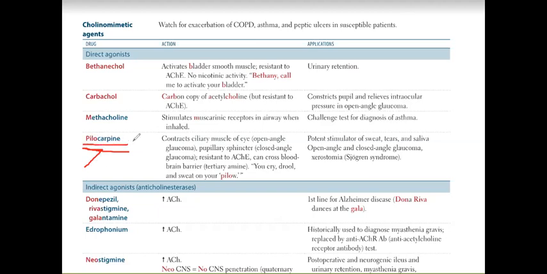That is why we use this drug as an emergency drug, but the effect of this drug lasts for 4 to 8 hours. The effect lasts longer. So if, for instance, you give a higher dose of pilocarpine to the patient, it can cause serious adverse effects because it can cross the blood-brain barrier.